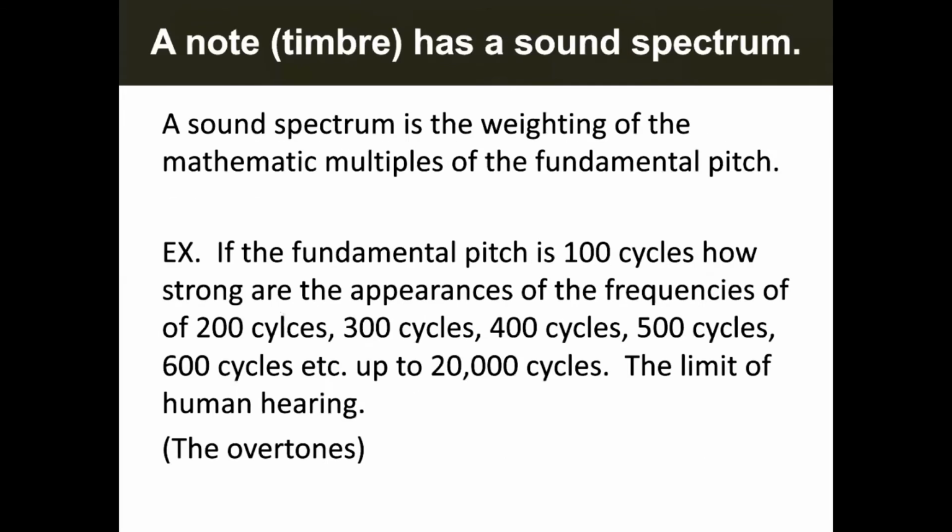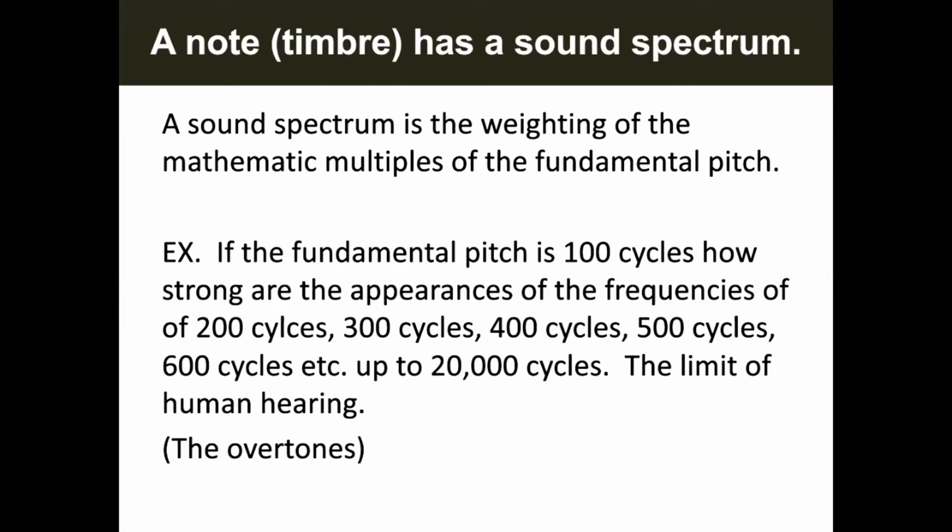So if a fundamental pitch is 100 cycles per second, there are also these other groups of cycles, 200, 300, whatever, multiples of it that are stacked up. And it's what creates the difference between the clarinet sound and the violin sound, is that the timbre is this collection of pitches. We'll talk more about that.